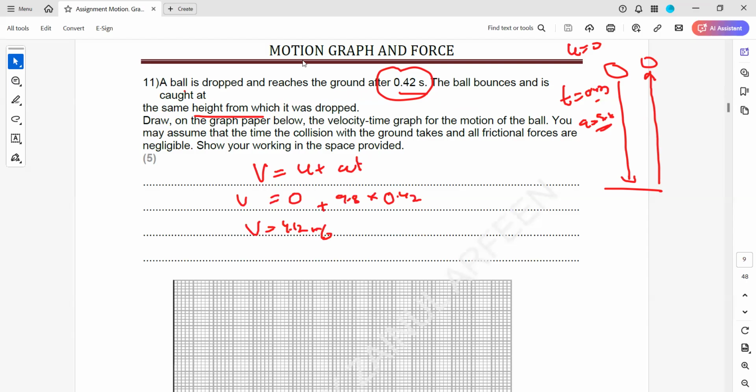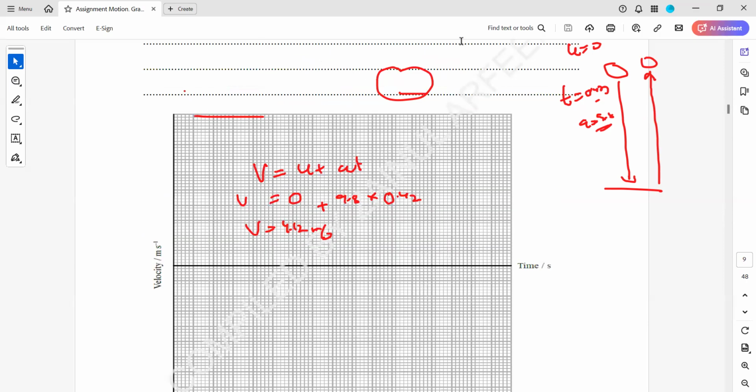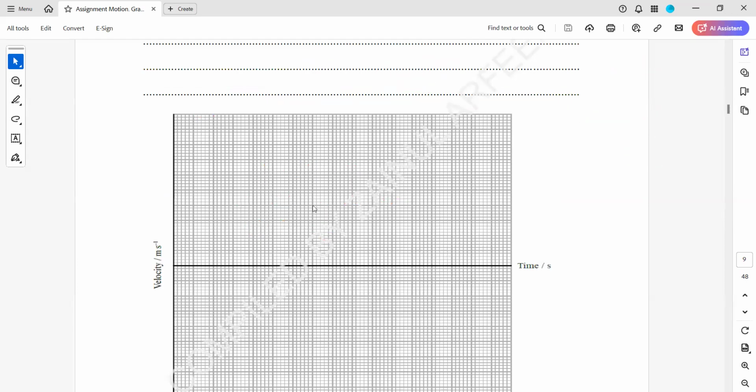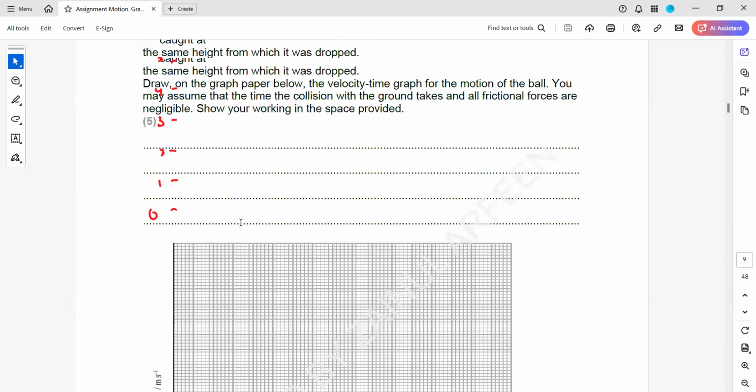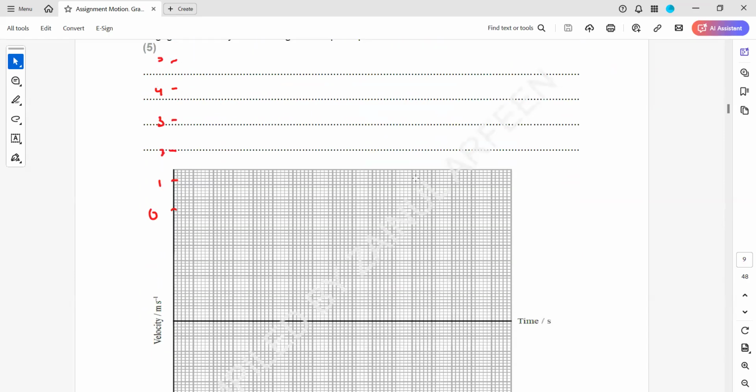Now, for this graph, you have to label the points as well. Say this is 0, then we have 1, 2, 3, 4, and 5, and the same thing, negative values, -1. No, the total time is not 0.84. The time it takes to hit the ground is 0.42.